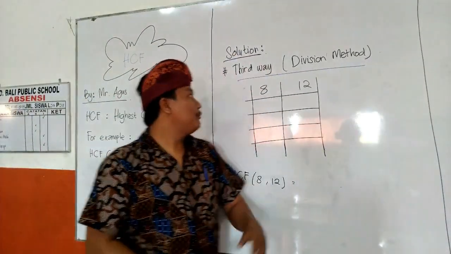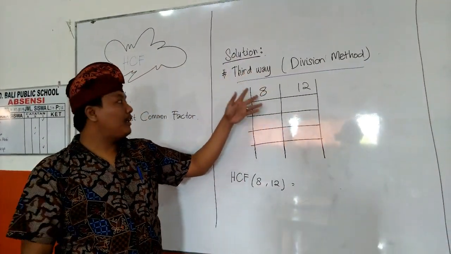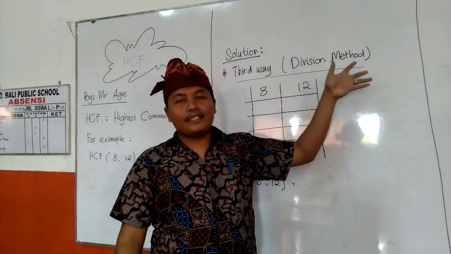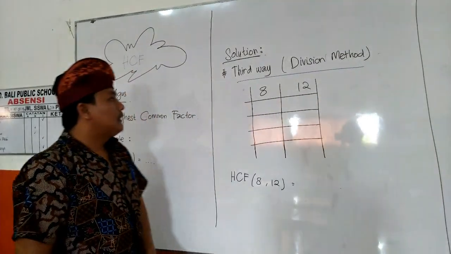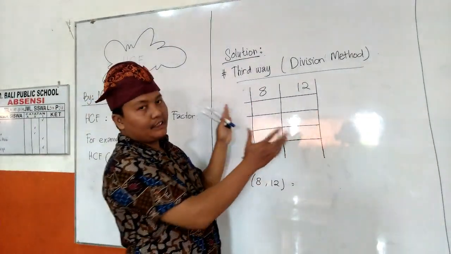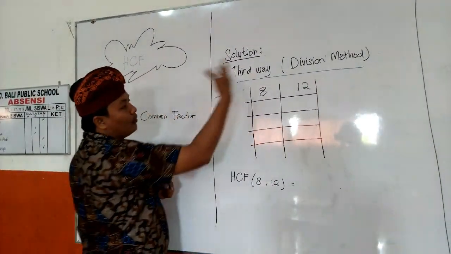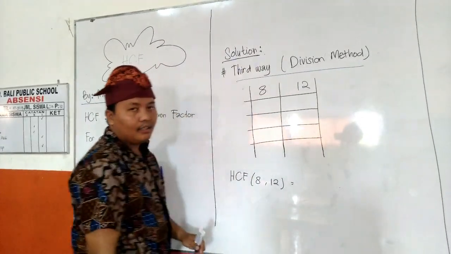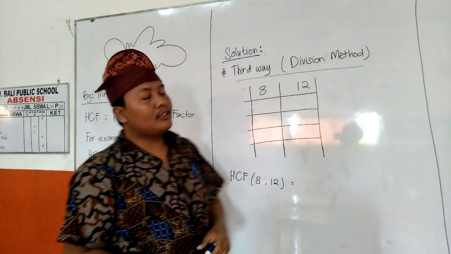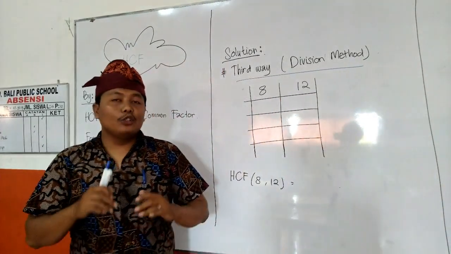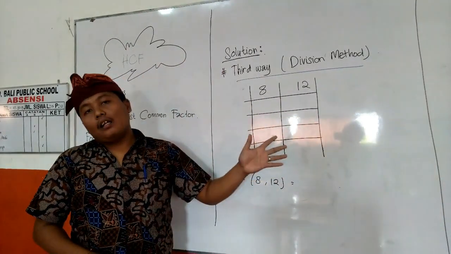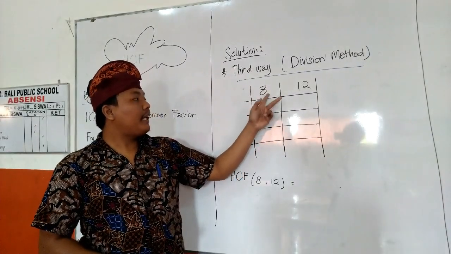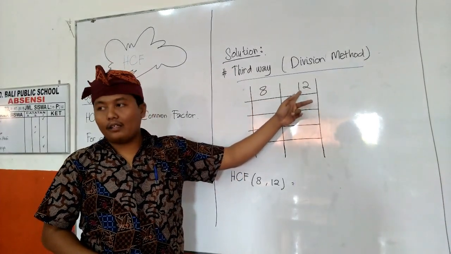Okay, we move to the last way, or we can say the third way. The third way we call the division method. If you want to use the division method, you need to draw like this and put 8 and 12 here. And then what you should do, you need to find the prime number that can divide 8 and 12.